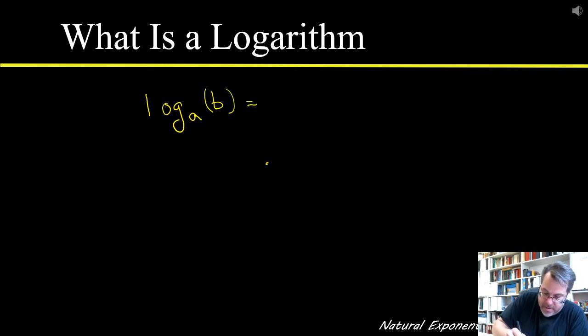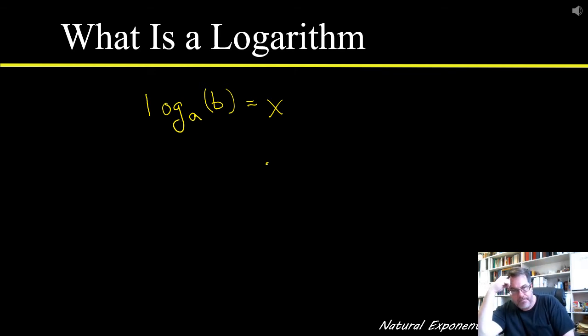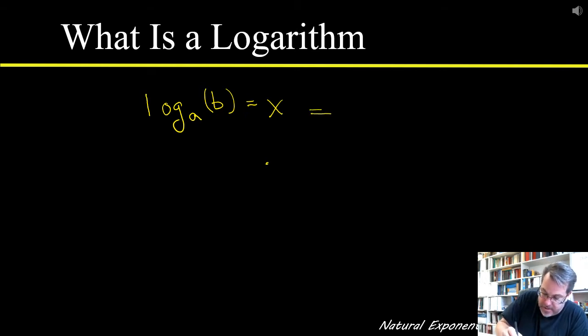A logarithm is just an inverse function of the exponential function. So a logarithm equation looks like this. Log base a of b equals x just means that we take a, raise it to some power x, and get b.